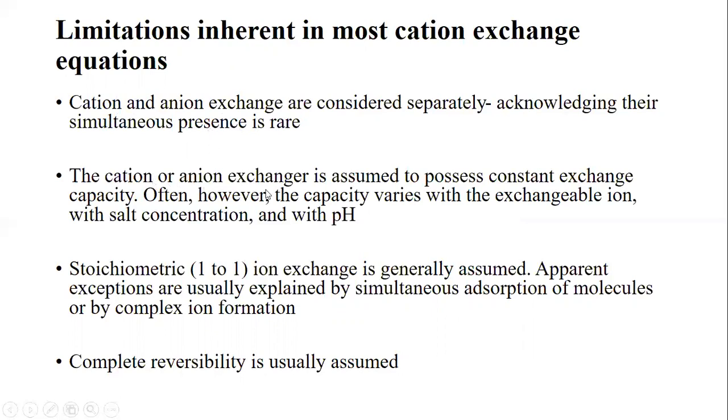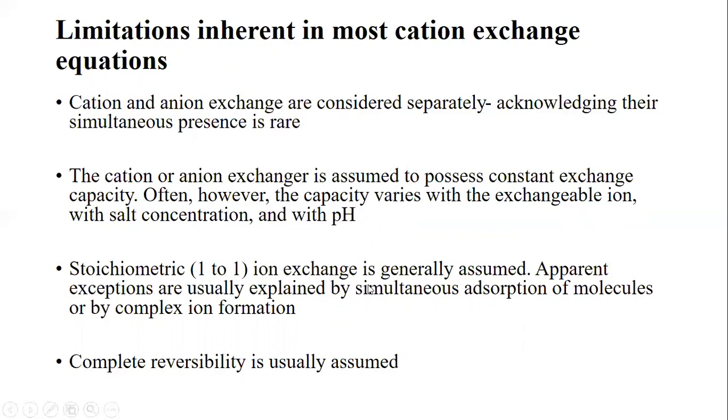The cation or anion exchanger complex is assumed to possess constant exchange capacity. Often, however, the capacity varies with the exchangeable ion, with salt concentration, and with pH. So the CEC, the amount of charges on it, is not always constant. It can change, and we studied how it affected, remember, the pH-dependent charges, we already covered.